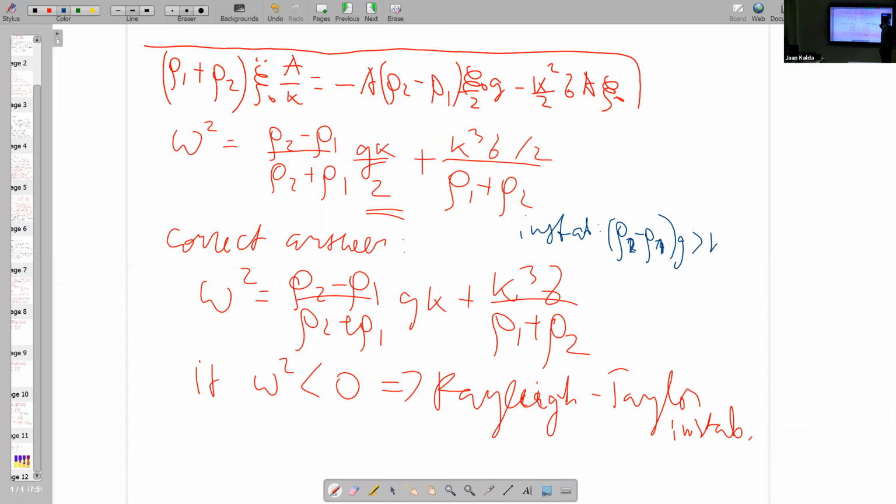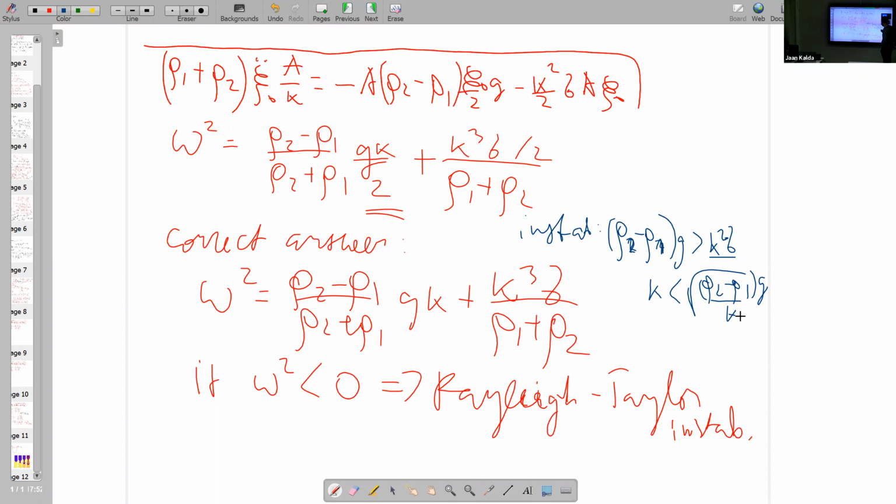This must be bigger than k squared σ, which means that k must be smaller than the square root of (ρ2 minus ρ1) times g divided by σ.